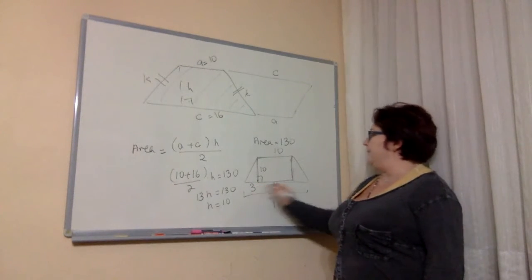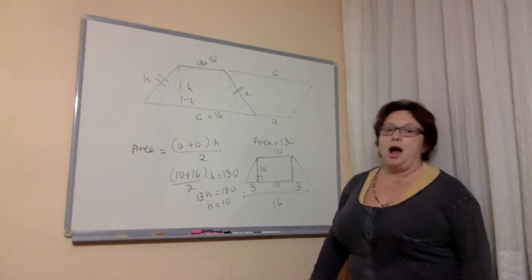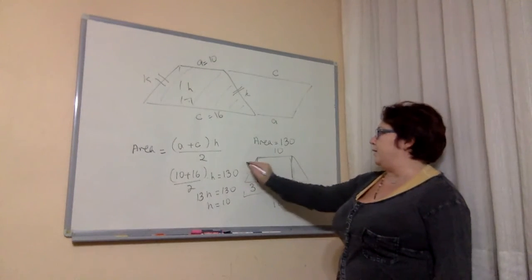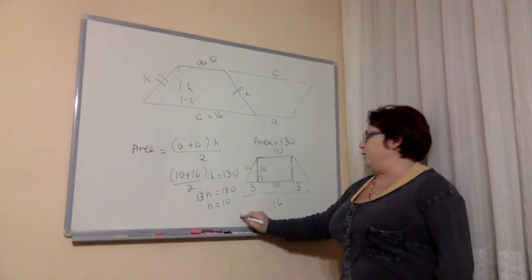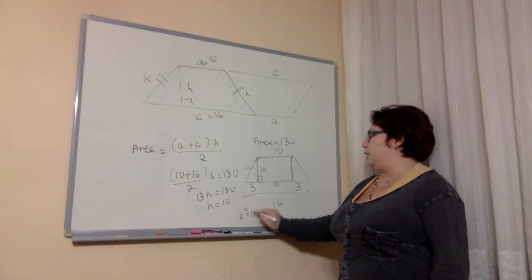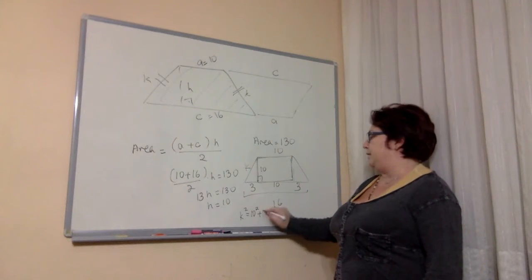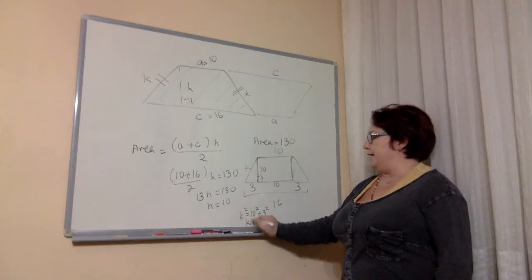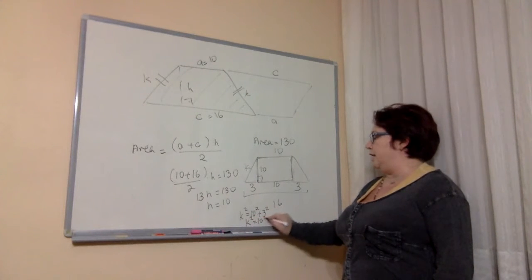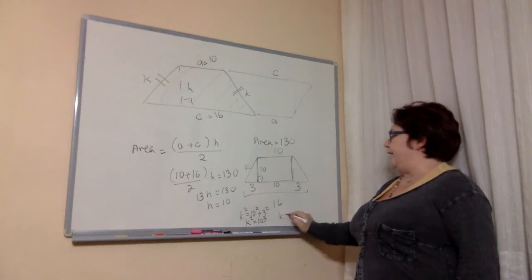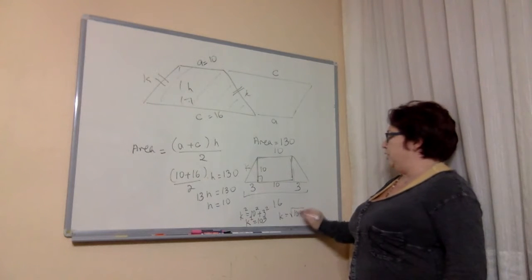So I've got a 3 and a 3 at this side. I could use the Pythagorean theorem to find K, which gives me K squared equal to 10 squared plus 3 squared, or K squared equal to 109, which gives me a K value of the square root of 109.